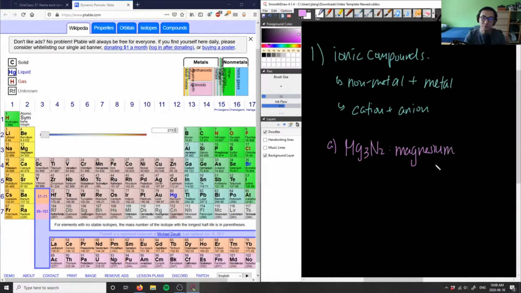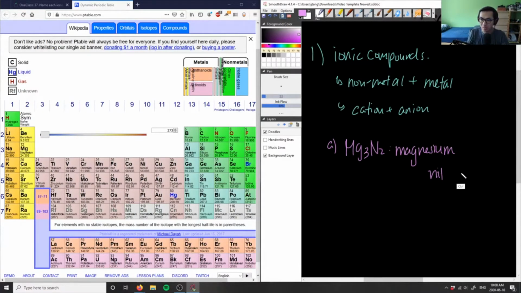And we keep the name fully. The second one is N, which is our non-metal, and N represents nitrogen. But instead of writing nitrogen like this, we drop the OGEN, or the gen, and add IDE.